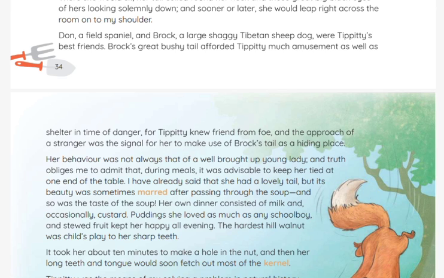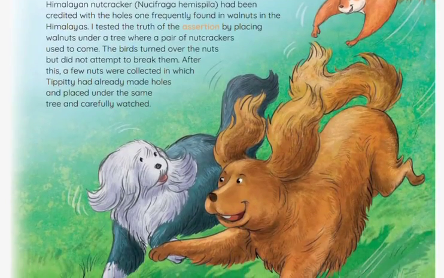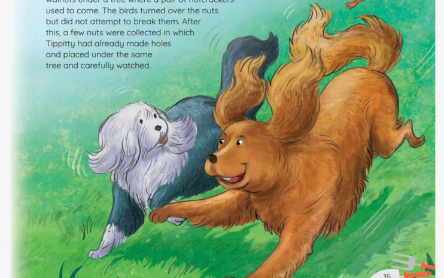Dawn, a field spaniel, and Brock, a large shaggy Tibetan sheepdog, were Tipitty's best friends. So here we're talking about the two best friends of Tipitty, the two dogs.